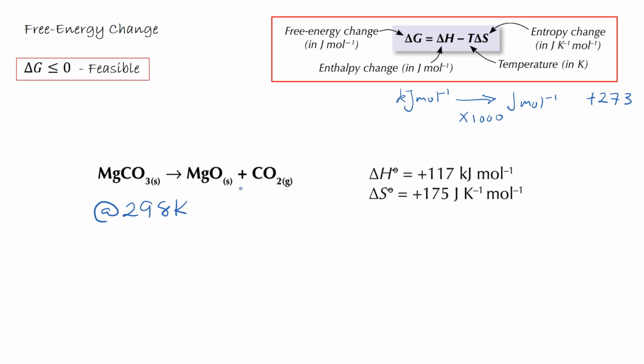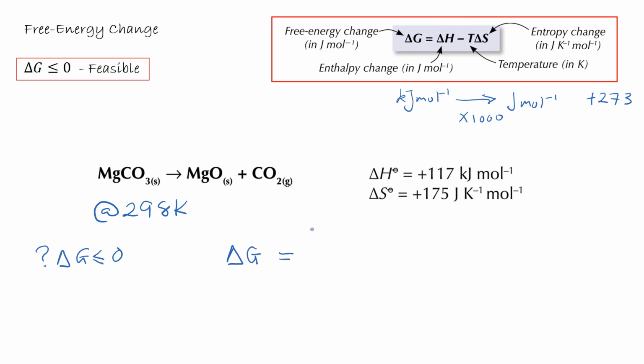So we've got some enthalpy data, plus 117 kilojoules per mole, and some entropy data of plus 175 joules per Kelvin per mole. The question really is, is delta G less than or equal to 0? In order to do that, we need to do some calculations, and we need to calculate delta G at this given temperature. And we've got an equation at the top here.